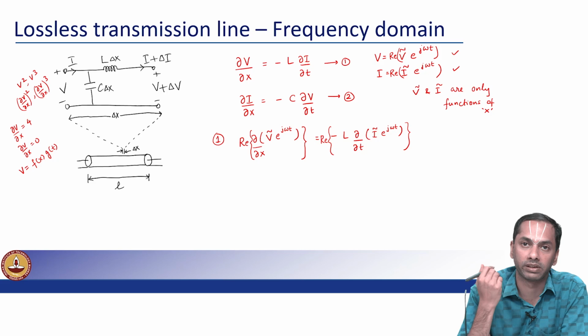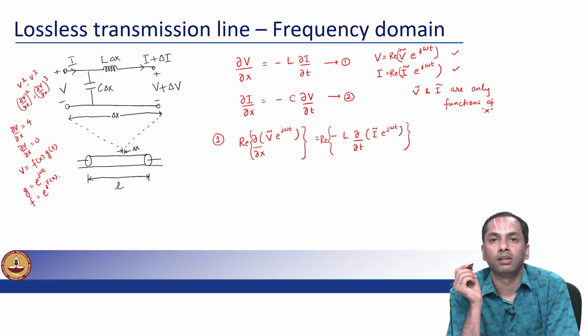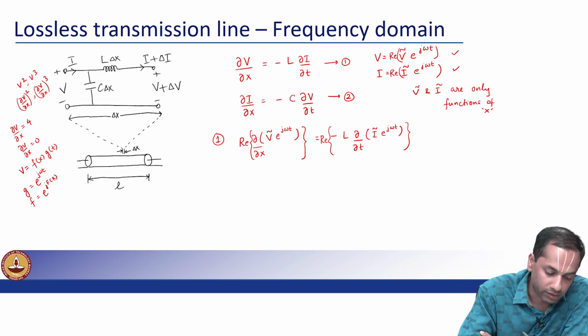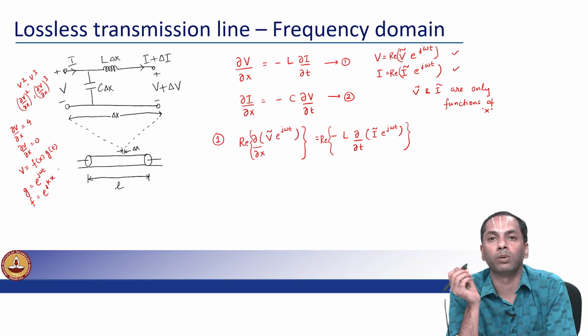So we can say that if g was of the form e to the j omega t, then f will also be some e to the j some function of x, right? In fact, it will be a linear function of x, so maybe I can even write kx, anticipating what is to come.